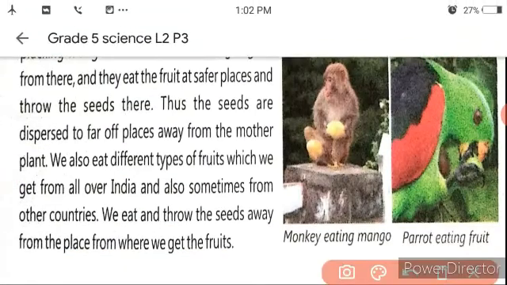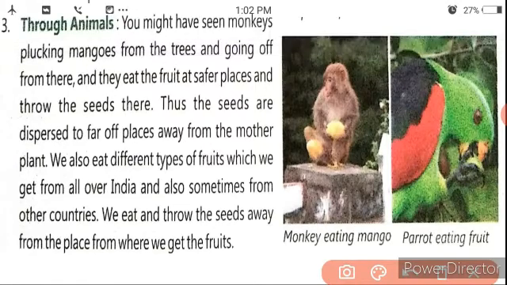Next one, through animals. How does the dispersal take place through animals? See, here are two pictures. One is a monkey eating mango. Another one, a parrot eating fruit. See, this monkey is having a mango in his hands. Will the monkey sit in the same place and eat the whole mango fruit?